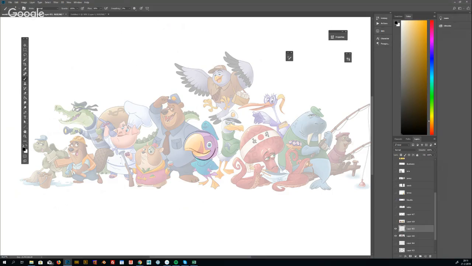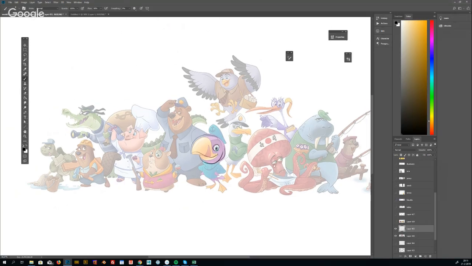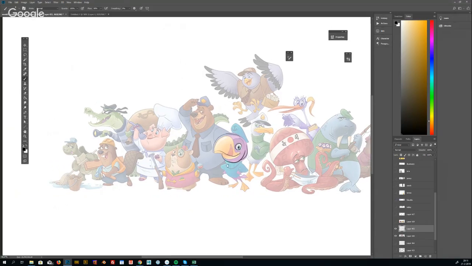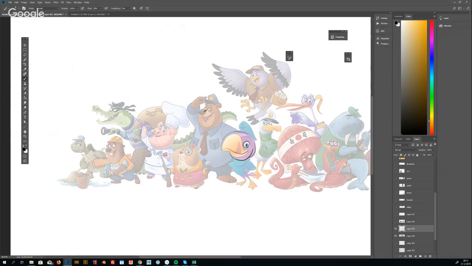This guy is heroic and looking at you, but maybe we have this bear and this thief. So maybe you can make those two interact, so that this bear is maybe running behind that crocodile.